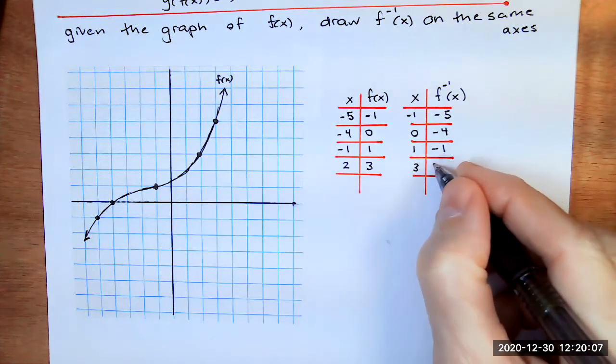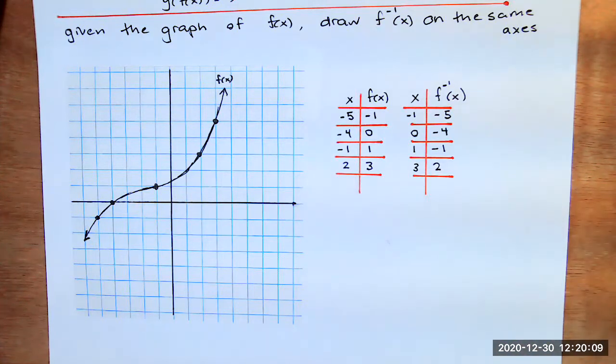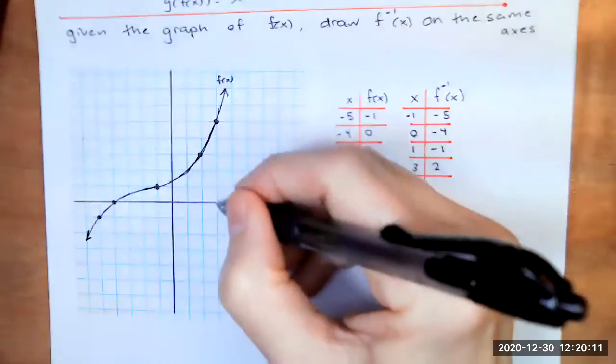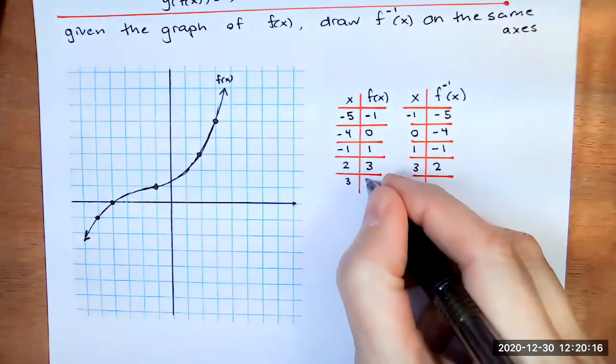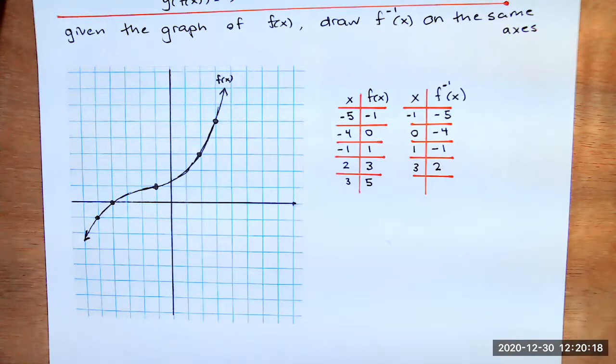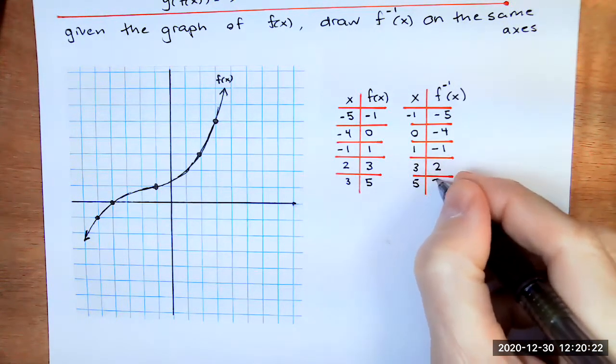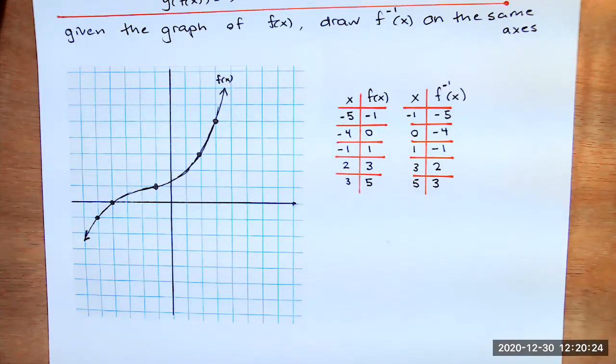So 3, 2 will be on the inverse function. And then 3, 5 is on the original function. So 5, 3 will be on the inverse function.